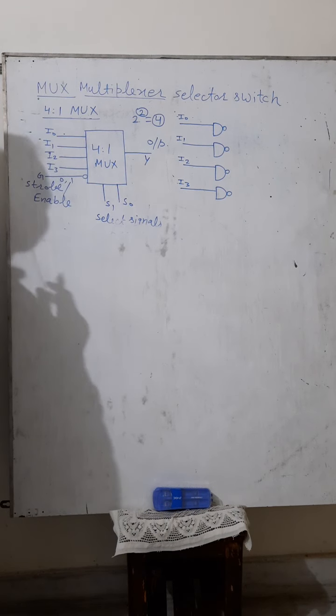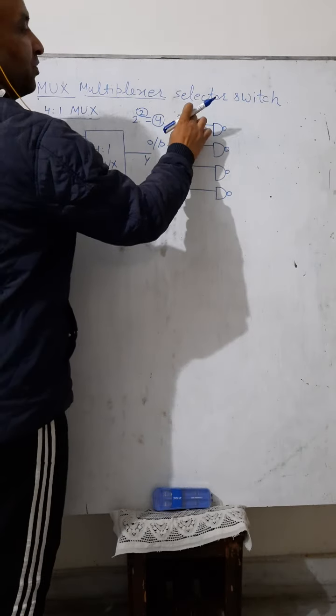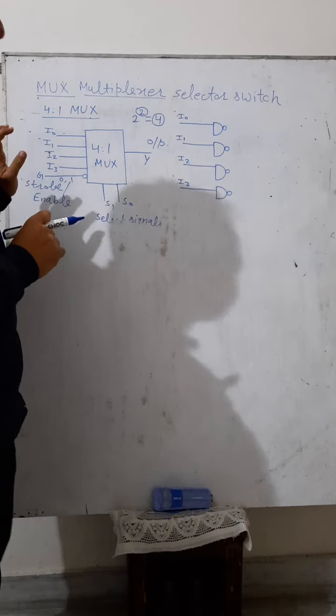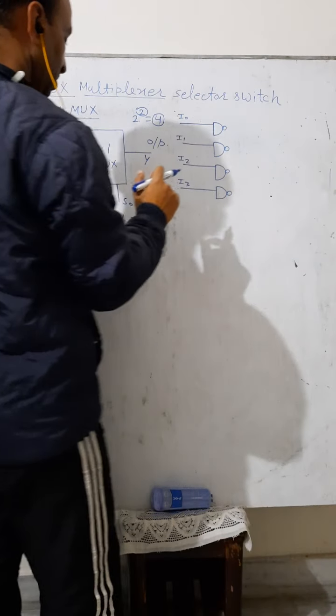Now the role of select signals. For the first product term: S1 bar, S0 bar, I0.